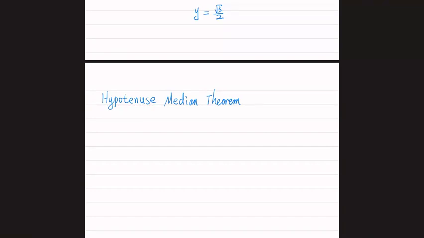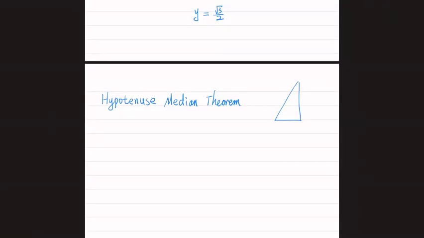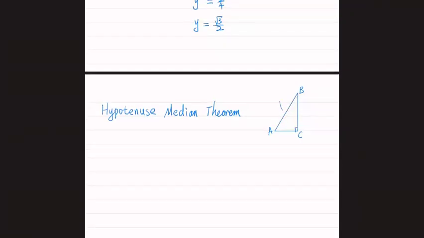We consider a right triangle. The side opposite to the right angle is the hypotenuse, and the other two sides are the legs. Again, we mark the midpoint.